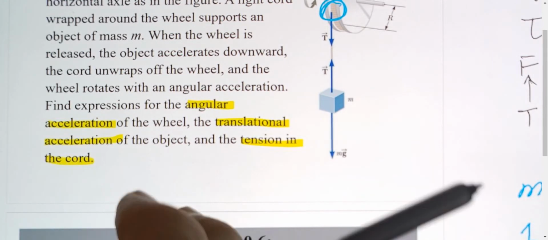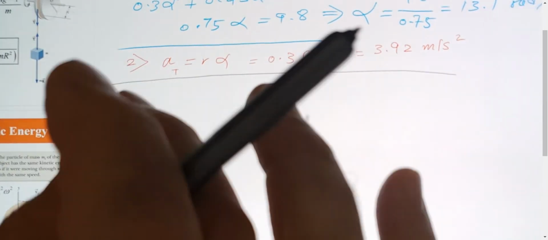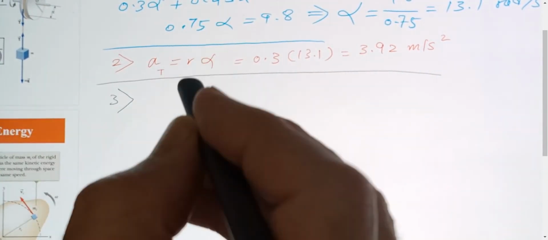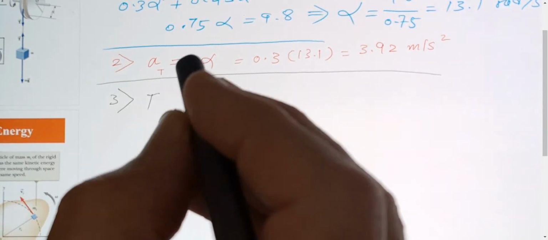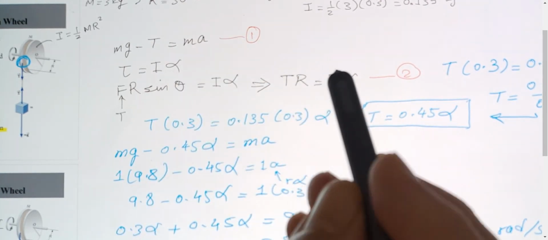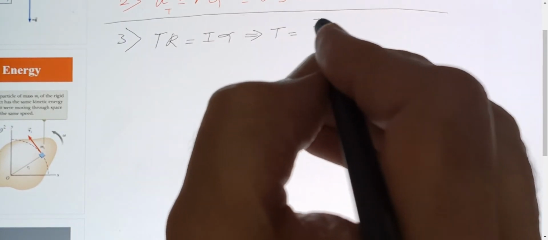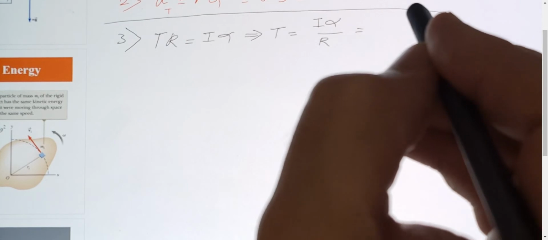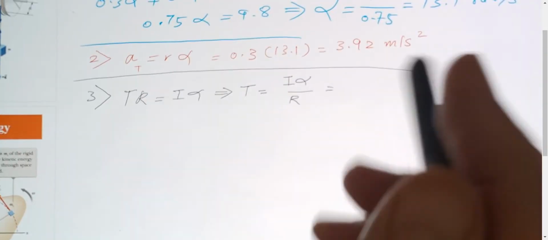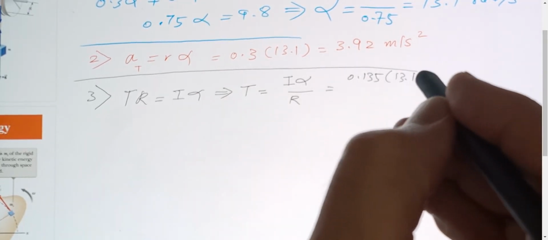Now the last part, he asked us for the tension. What is the tension? Well, from this equation we know that tension multiplied by R is equal to I alpha. That means tension is equal to I alpha divided by R, which is, I is 0.135 and alpha is 13.1.